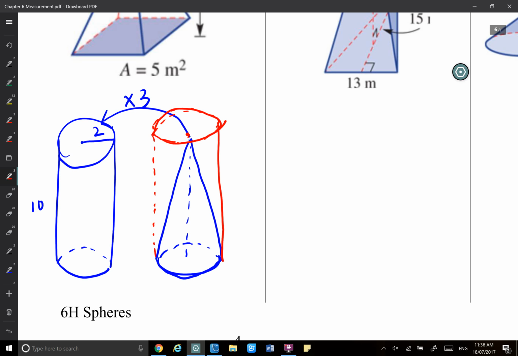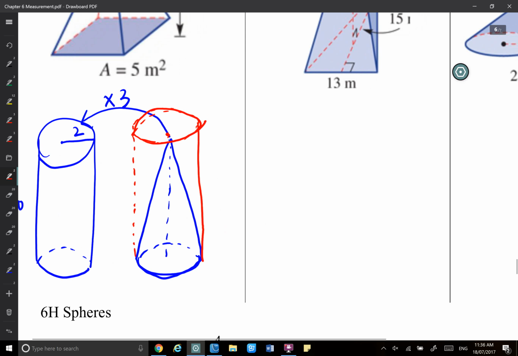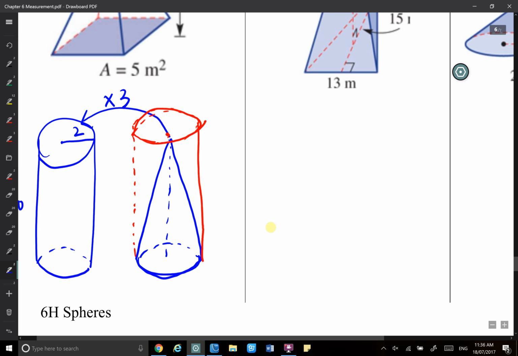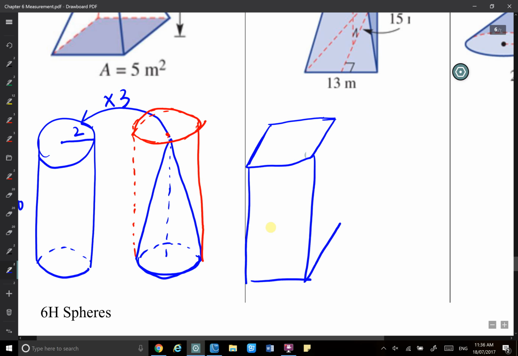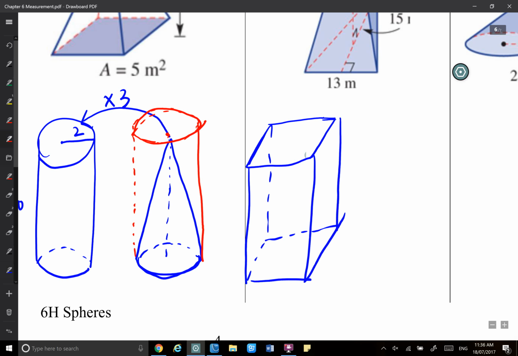It's not only this that is true. I can draw a square pyramid and a rectangular prism. Well, I can draw a square first. That's the rectangular prism. And now I will sketch using red.